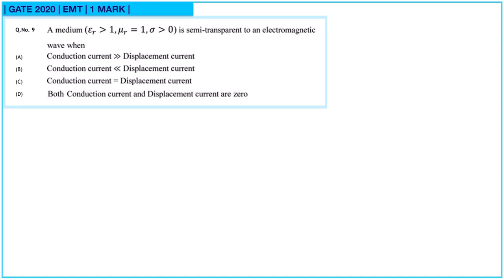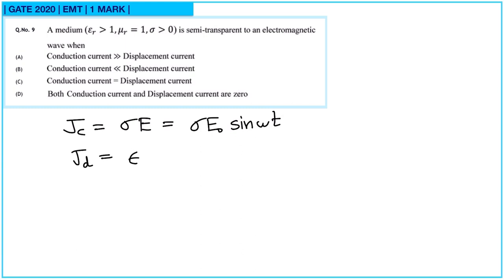So conduction current density Jc is equal to sigma into E, and let us consider it is some sine function, so this will be sigma into E naught into sine omega t. Now displacement current density Jd is equal to epsilon into dou E by dou t. So that will be equal to, derivative of this will be, omega epsilon E naught into cos omega t.